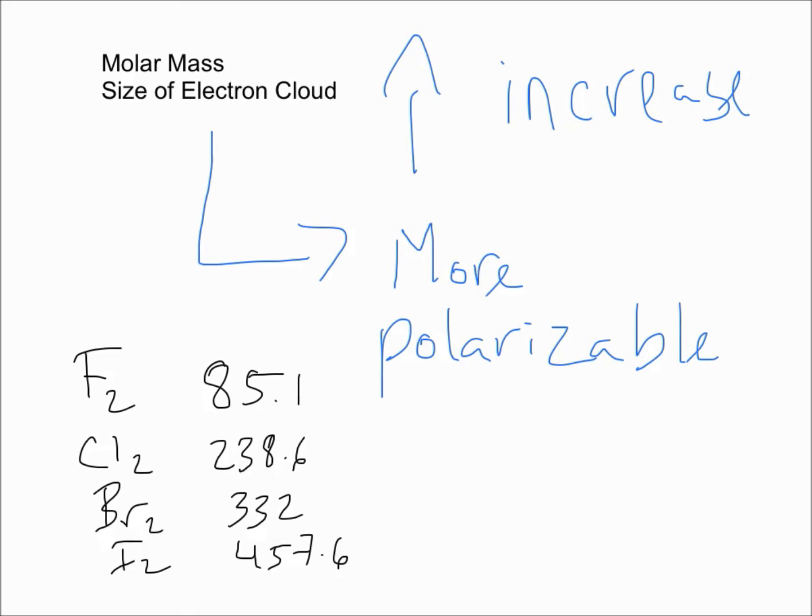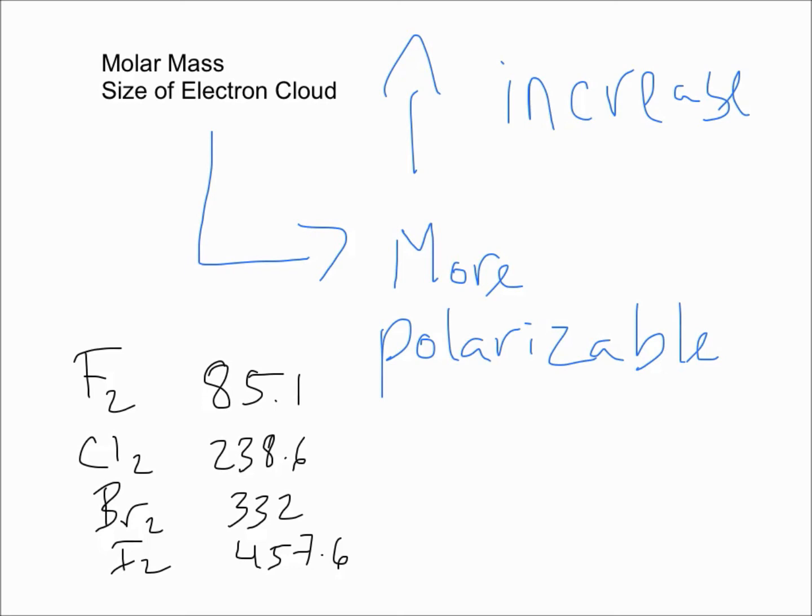And this goes back to what I just explained about molar mass and the size of the electron cloud. Iodine has the highest molar mass, which means it has the biggest electron cloud. It's the most polarizable, and therefore it has the highest boiling point. Whereas fluorine has the lowest molar mass, and it has a very small electron cloud, which makes it hard to polarize. Its London dispersion forces are very weak, and so the boiling point is not very high.